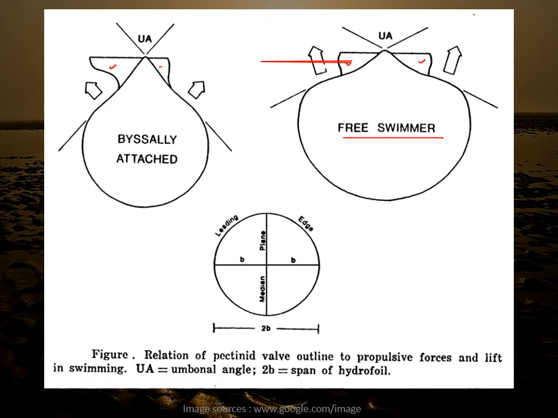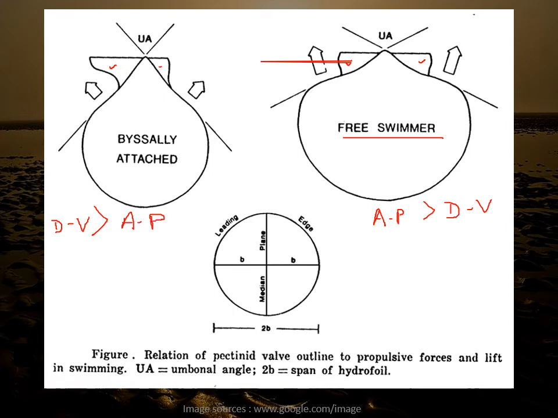Apart from these two equal-sized auricles, there is another difference between these two bivalves. If you look at the length, in this case the anteroposterior length is greater than the dorsoventral length. But in this case, the dorsoventral length is greater than the anteroposterior length.